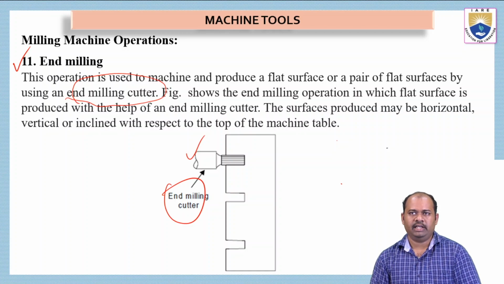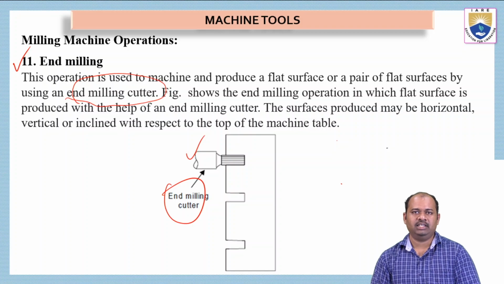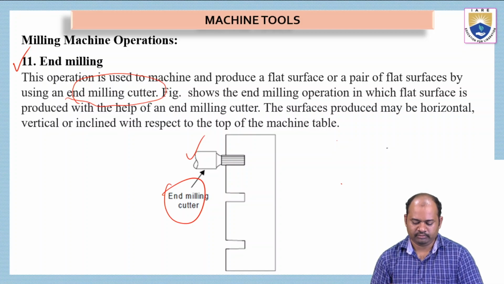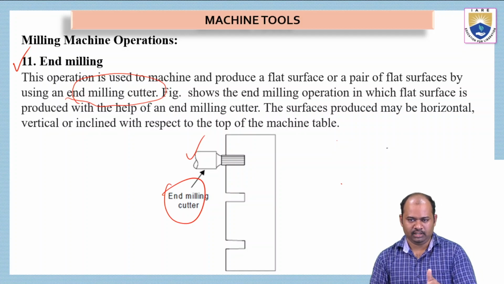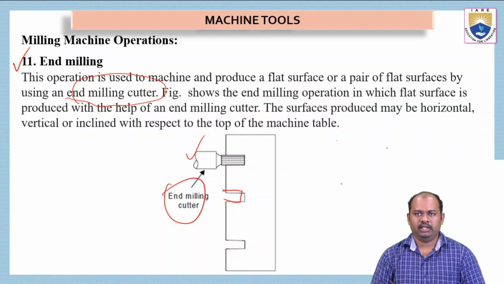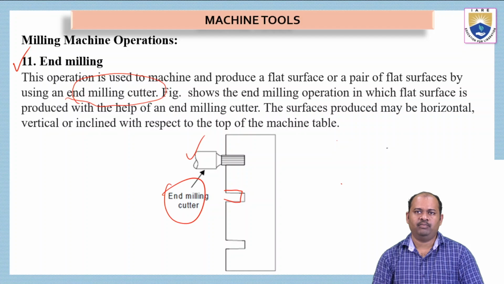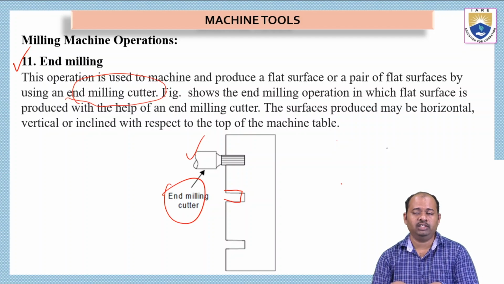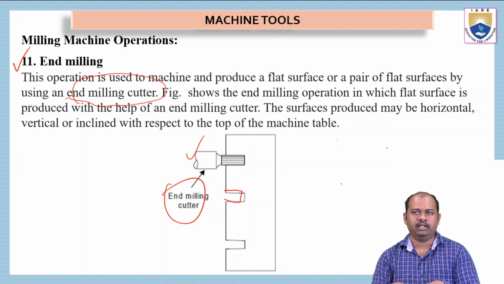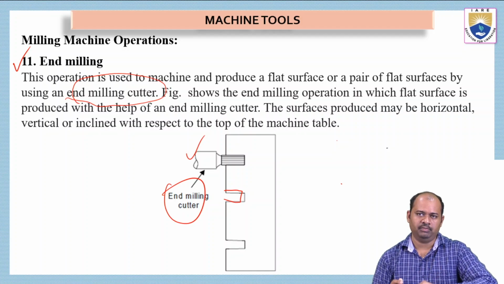The figure shows the end milling operation in which a flat surface is produced with the help of an end milling cutter. So this is a flat, what is this called? It is a flat groove. This is produced with the help of this end milling cutter. The surfaces produced may be horizontal, vertical, or inclined with respect to the top of the machine table.